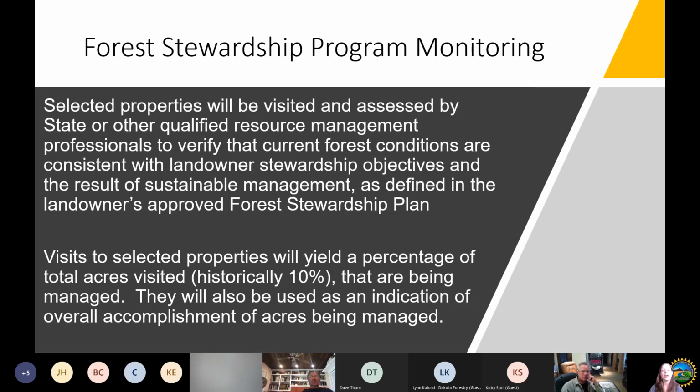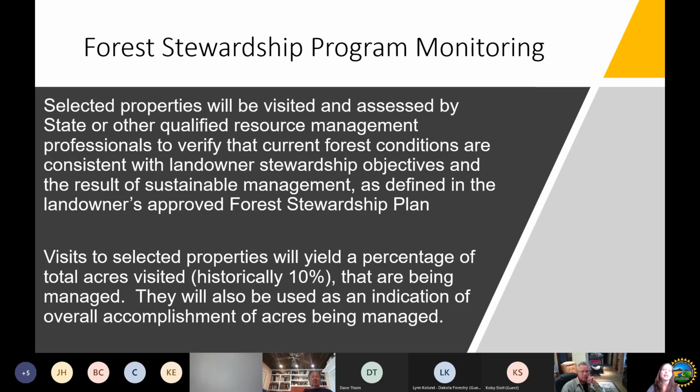So with that, the state participates in forest program monitoring. Now, the people that are selected for the monitoring haven't been visited by the state for 5 years, or their forest stewardship plan has not been identified to the state for 5 years. Because that first 5 years, we let people look at their forest stewardship plan and hopefully implement things.